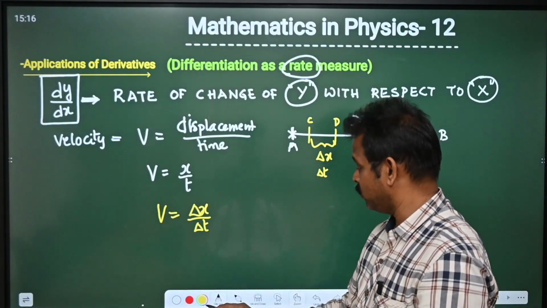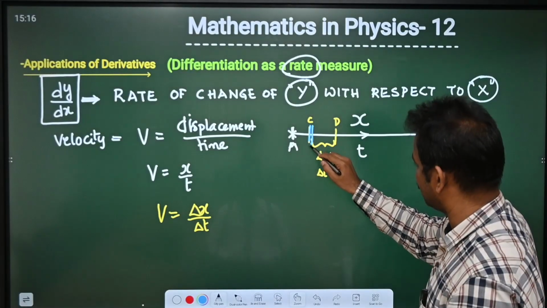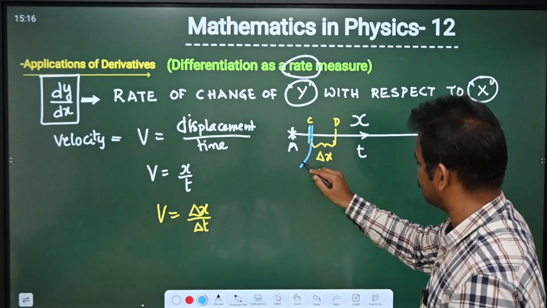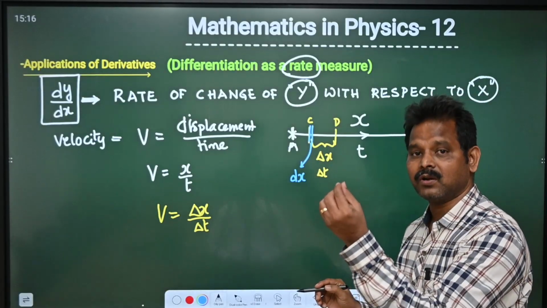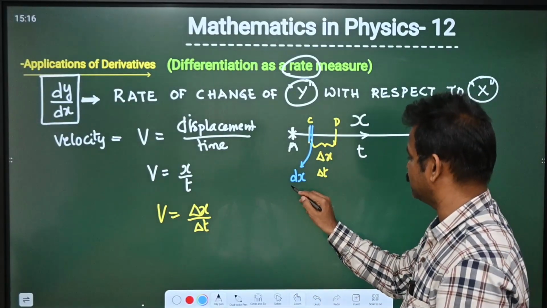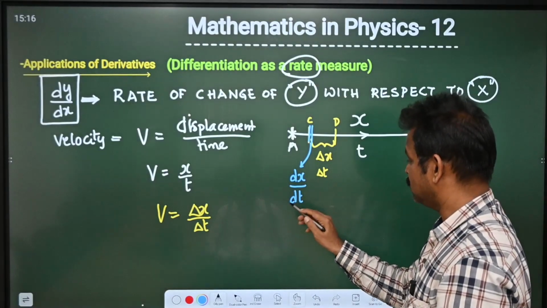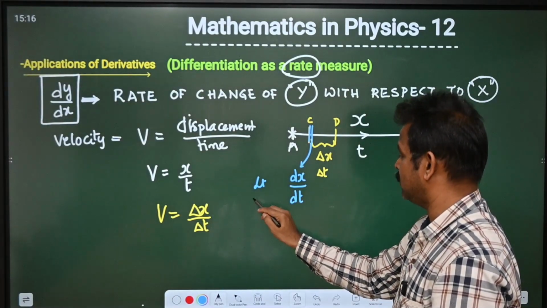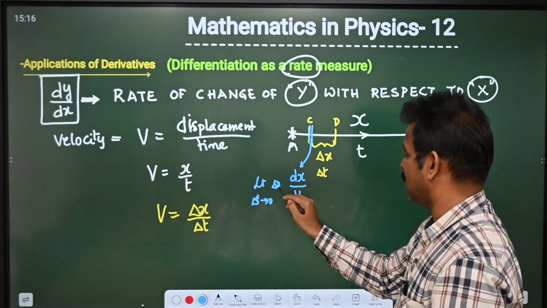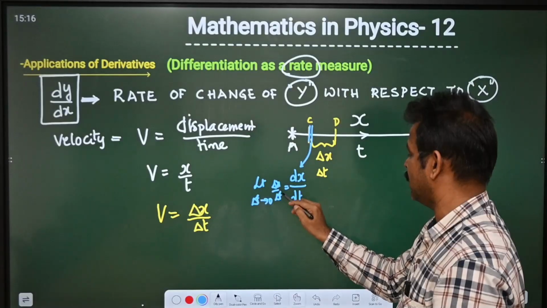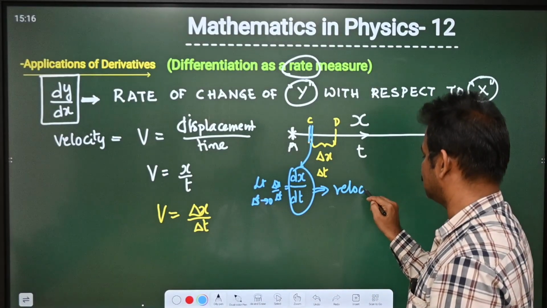Or suppose you take a very small portion, which we denote with dx, an infinitely small change in displacement, by the corresponding time dt. This is possible when the limit of delta t tends to 0, and then delta x by delta t can be written as dx by dt. This is also velocity.